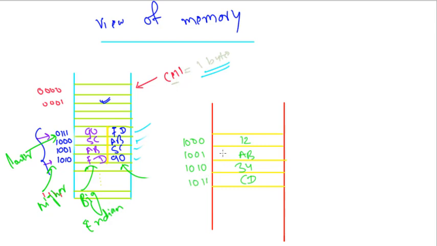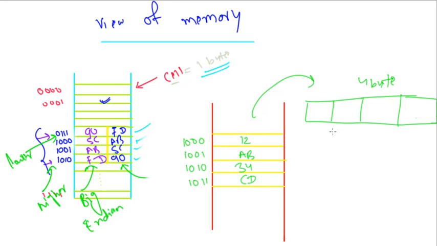Now you are asked to fetch this data into a register. Let's say the CPU wants to fetch this data into a register. The register is 4 bytes in size. Now if the processor is following Little Endian, then how will it retrieve this data into the register? And if the processor is following Big Endian, then how will it retrieve the data into the register?